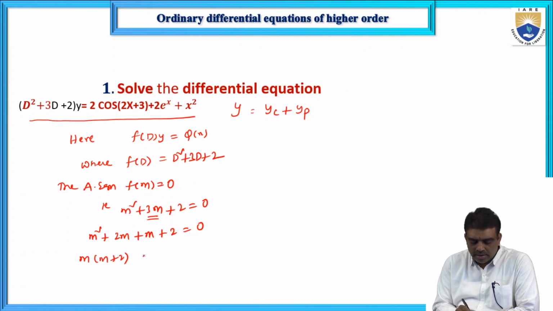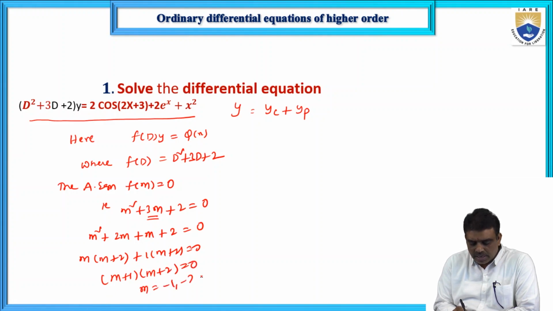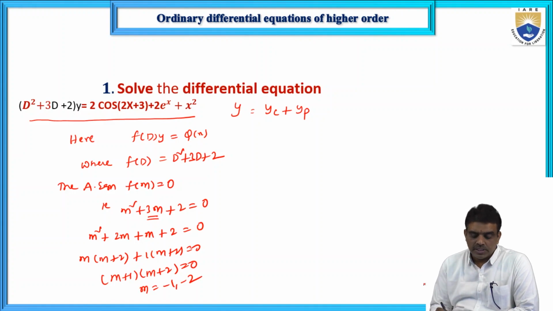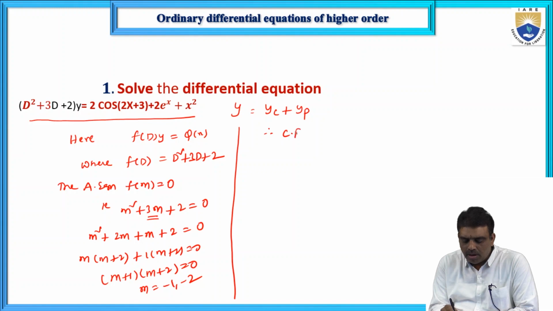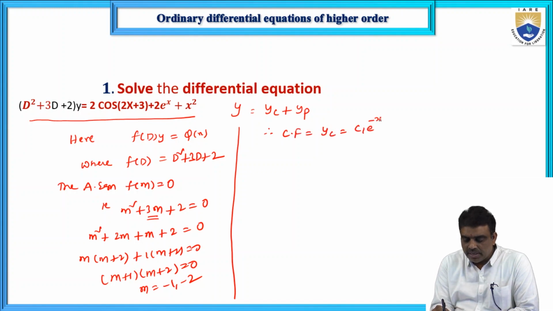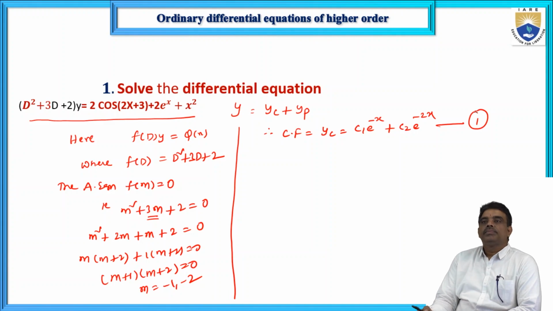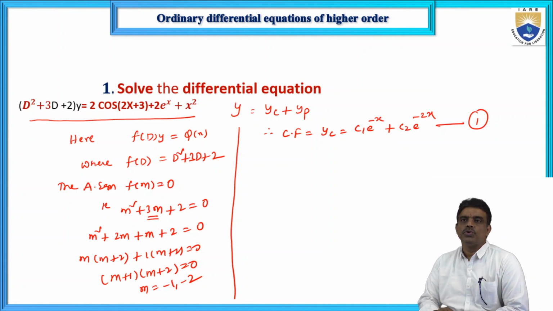The roots are -1, -2. So the complementary function yc = c1 e^(-x) + c2 e^(-2x). This is the first part of the solution.